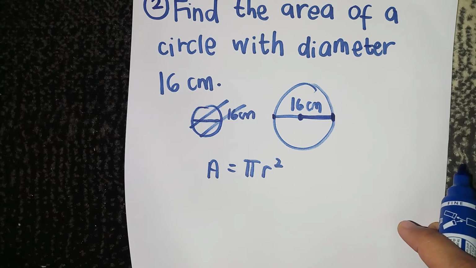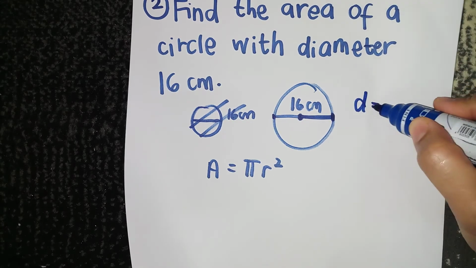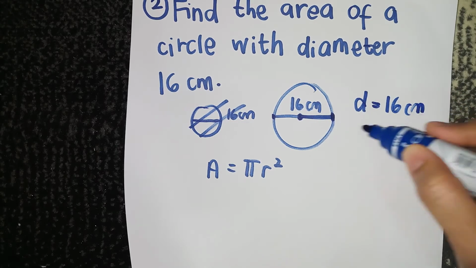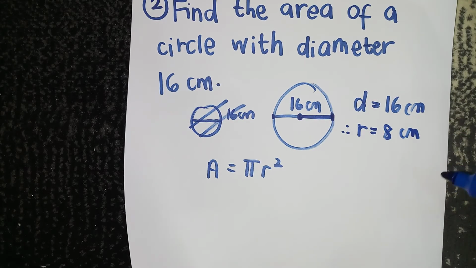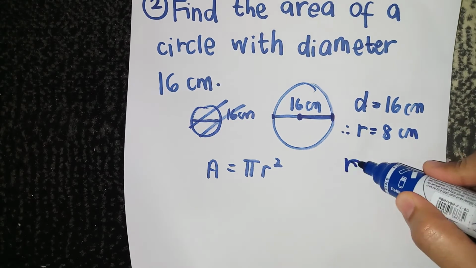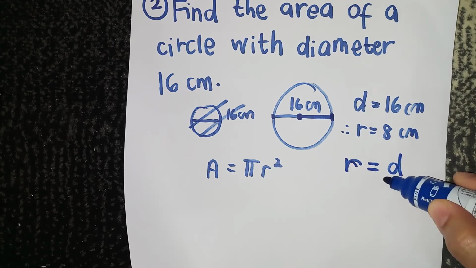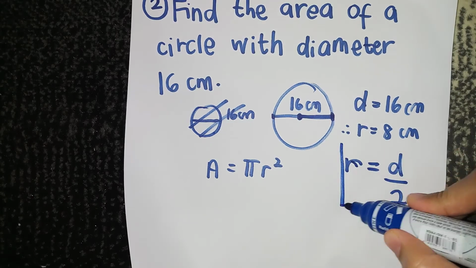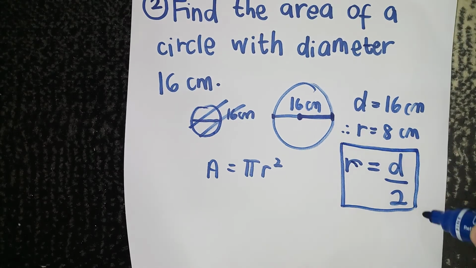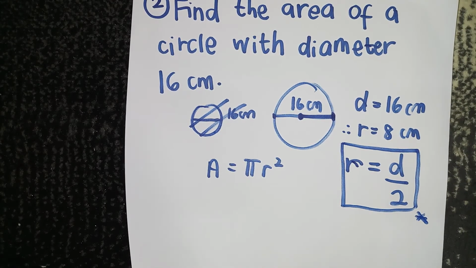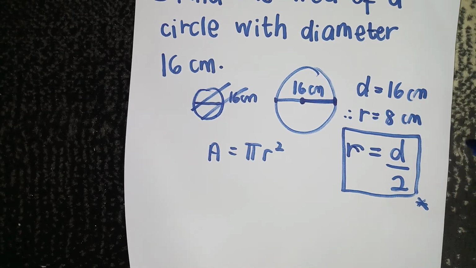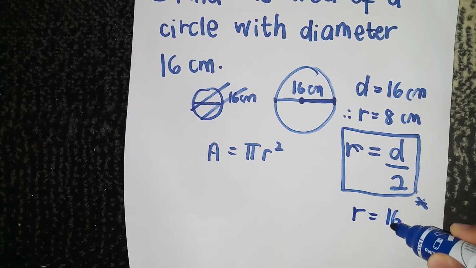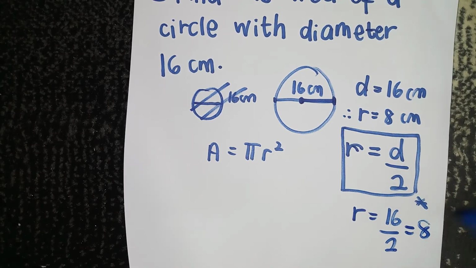If D is 16 cm, then r is 8 cm. The relation you need to know is r equals D divided by 2. I need everybody to copy that inside your exercise book. So r is equal to diameter over 2. The diameter is 16, so r is 16 over 2, which gives 8 cm.